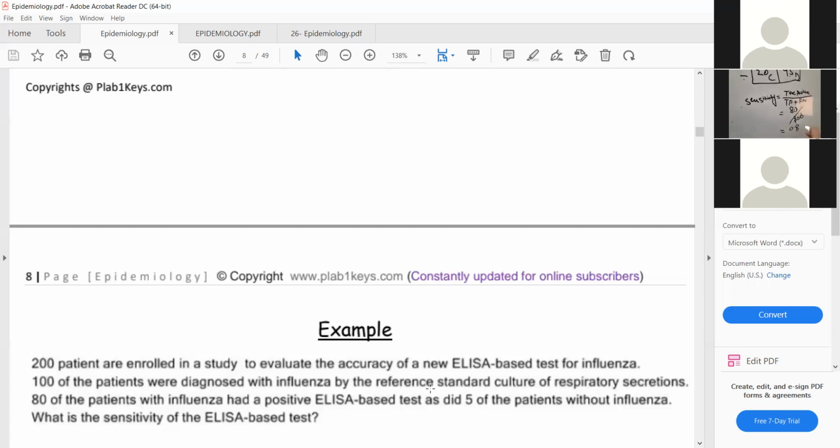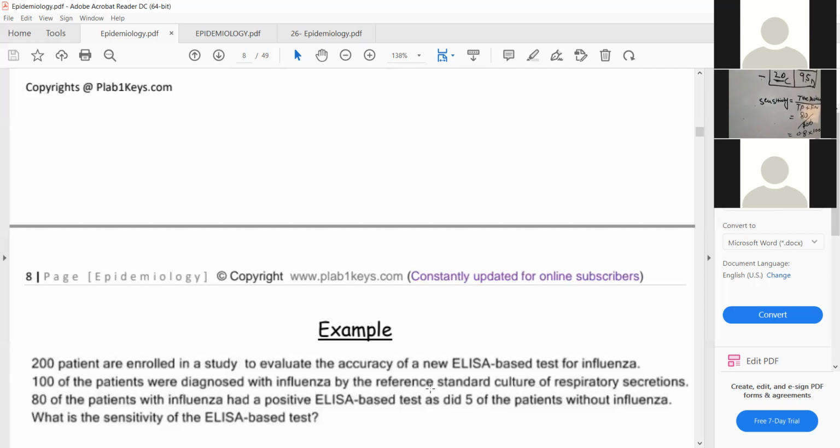To convert it into percentage, we multiply it by 100, so our answer is 80%. So the sensitivity of this ELISA test is 80%, because 80% of the time it will identify those who truly have the disease, and 20% of the time it will give a false negative result.